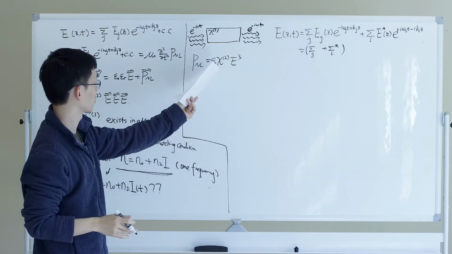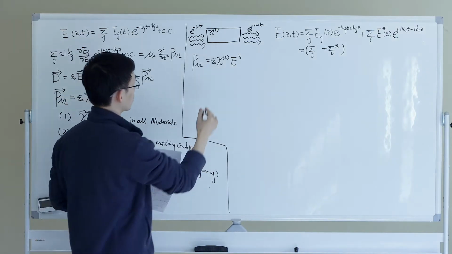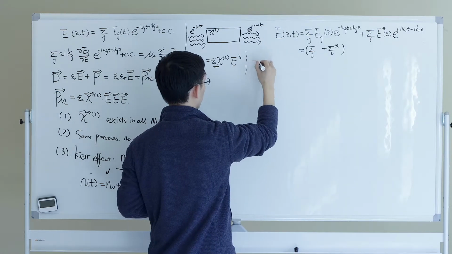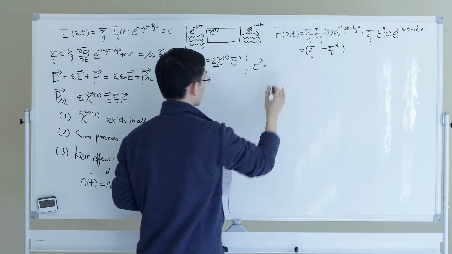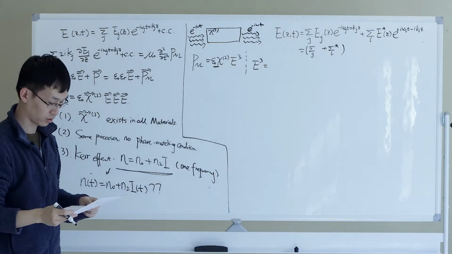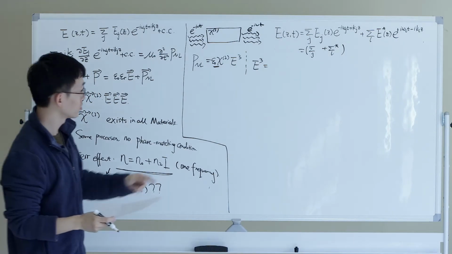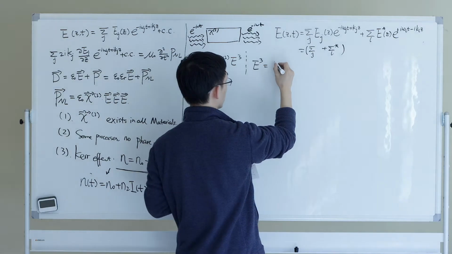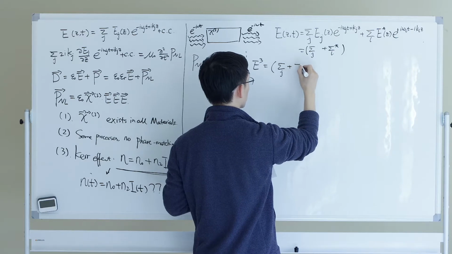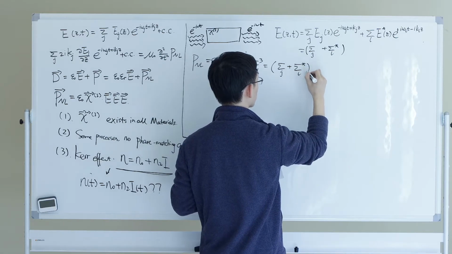Because this is just a constant in the beginning, we don't really need to carry it all the time. We just put it back at the end of calculating this nonlinear polarization. Okay, so E cubed, if we carry on with this notation, then we get this.